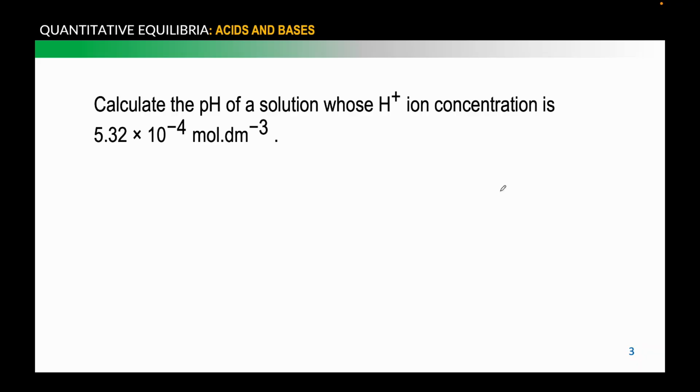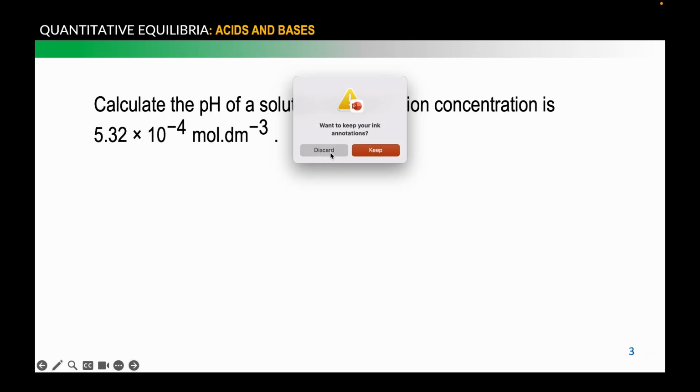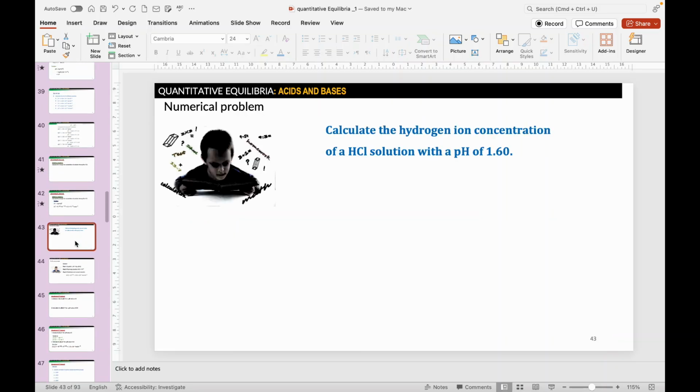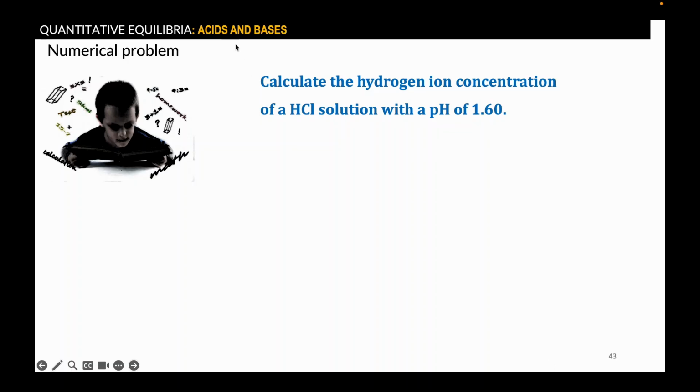Now these are some practice problems, students, so we are not going to focus on many problems. Then after this we will calculate the hydrogen ion concentration from a given pH.